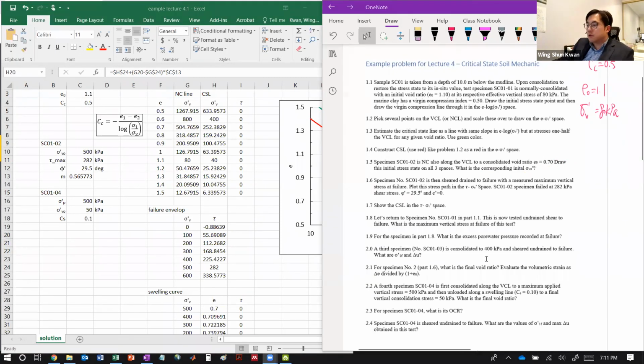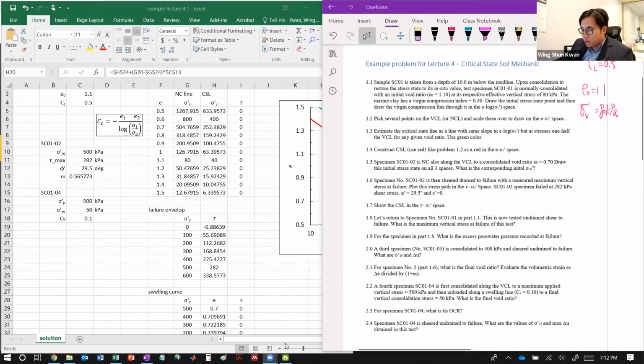The example problems are homework, and pretty much the rest of it is just asking you to predict the stress state. Now you have a new task. You are doing drained loading and you're doing undrained loading. Where is the start and what is the end point, and at failure what is the stress state. So I do want you to try that.